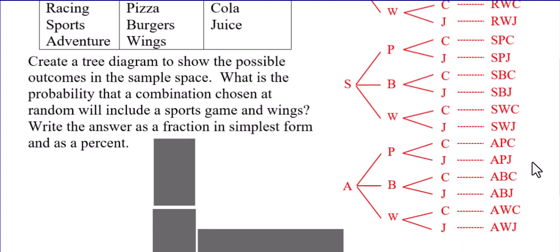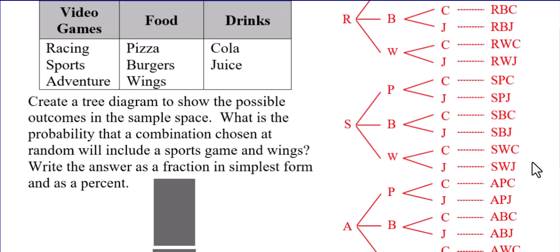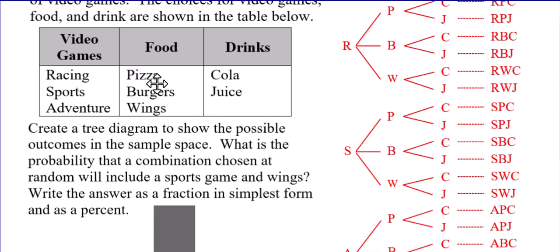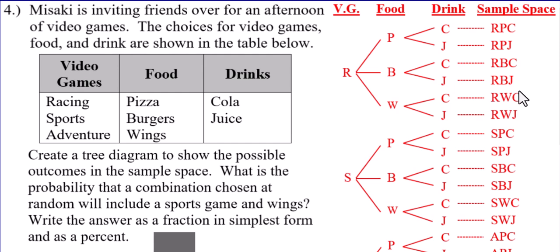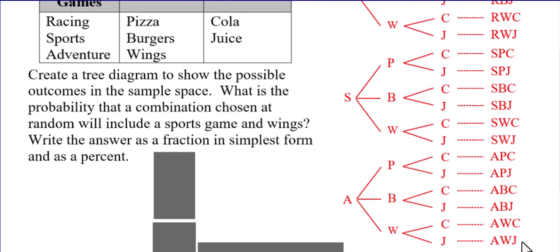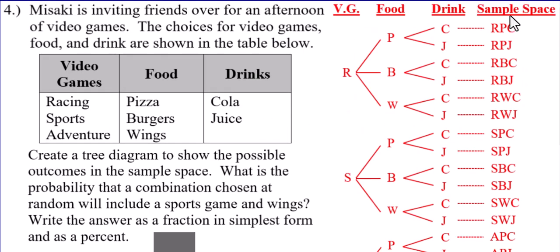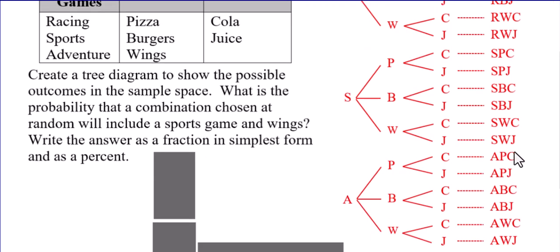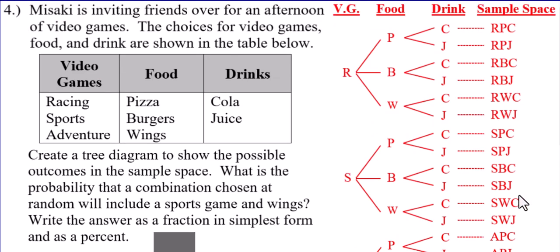And as you probably predicted, the sample space has 3 times 3, which is 9, times 2, which is 18. So there should be 18 outcomes in the sample space. 6 of them start with R, 6 of them start with S for sports, and 6 of them start with A for adventure. 6 times 3 is 18, so you should have a total of 18 outcomes.